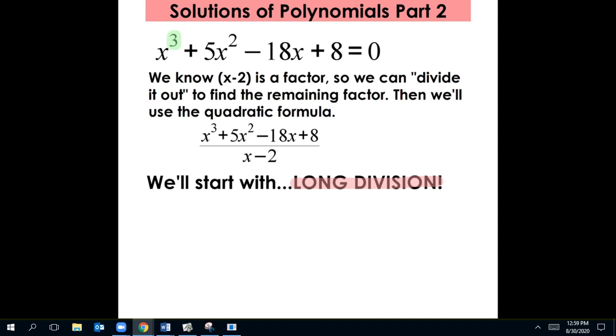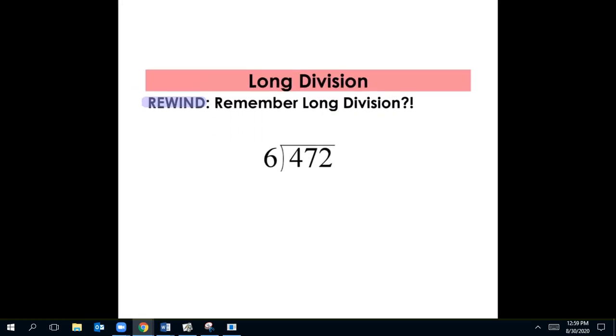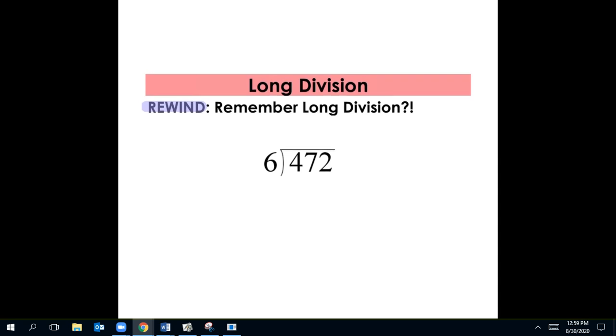And before we get into it with variables, I just want to quickly review long division with numbers. This is a reminder for how to do it. So remember when you started learning long division, you would do it for numbers like this. And the process was, what can I multiply 6 by to get a number that's less than 47 that I can subtract?